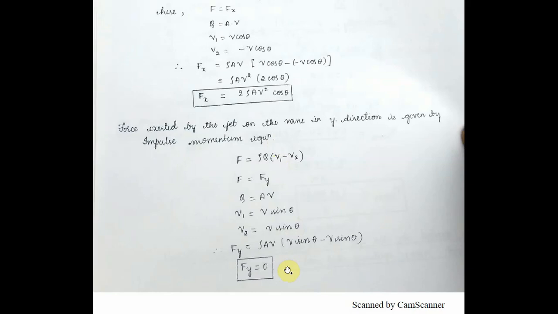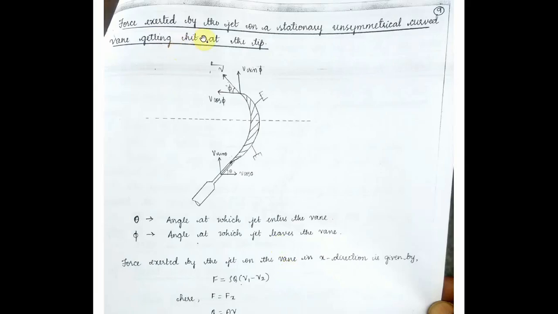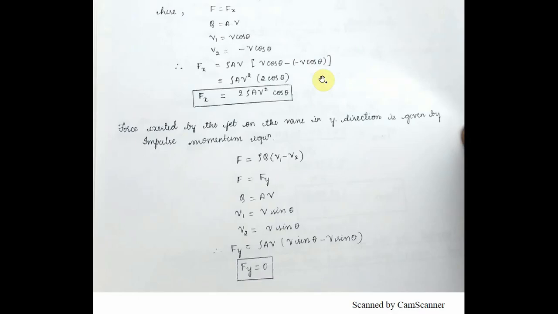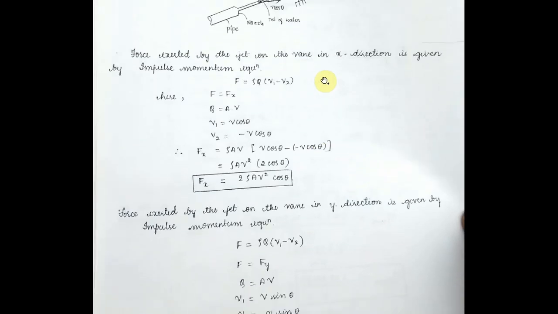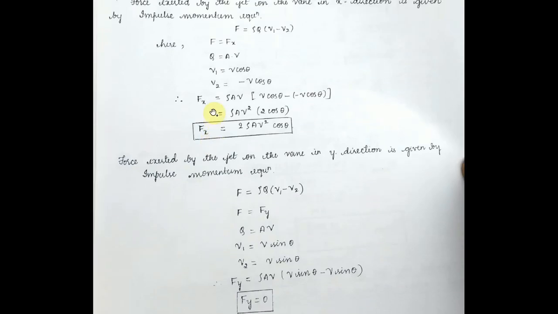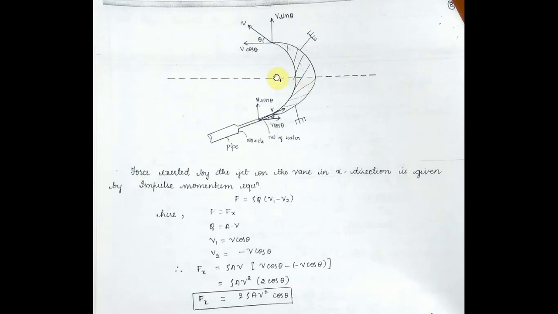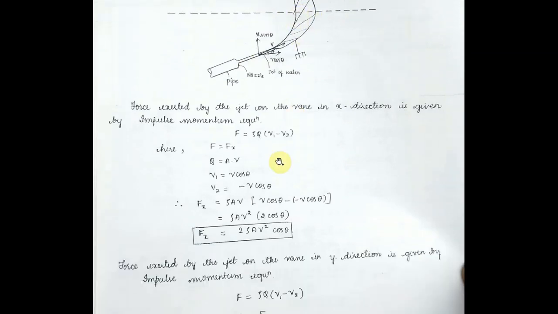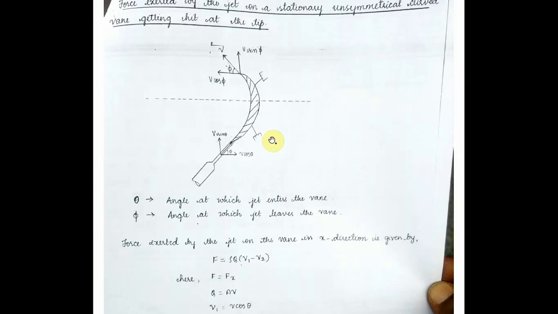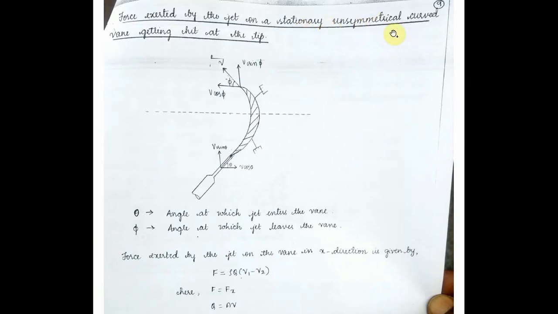Okay, next one is the force exerted by the jet on a stationary unsymmetrical curved vane getting hit at the tip. In the previous case the vane was stationary and exactly divided by 2, it was symmetrical, and in this case it is a stationary unsymmetrical curve.